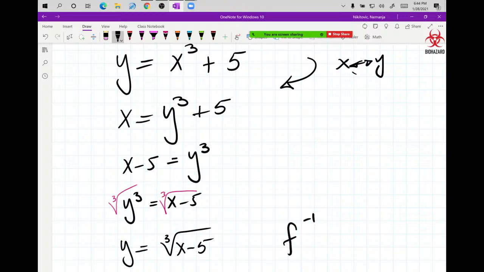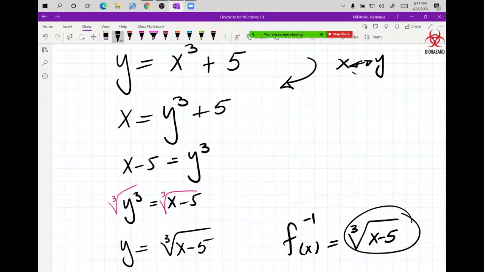So the inverse function is the cube root of x minus 5. Now, why is this an inverse function? Because this thingy here is a function. It passes the vertical line test. So this particular function has an inverse function. It passes the vertical line test if you draw the graph.